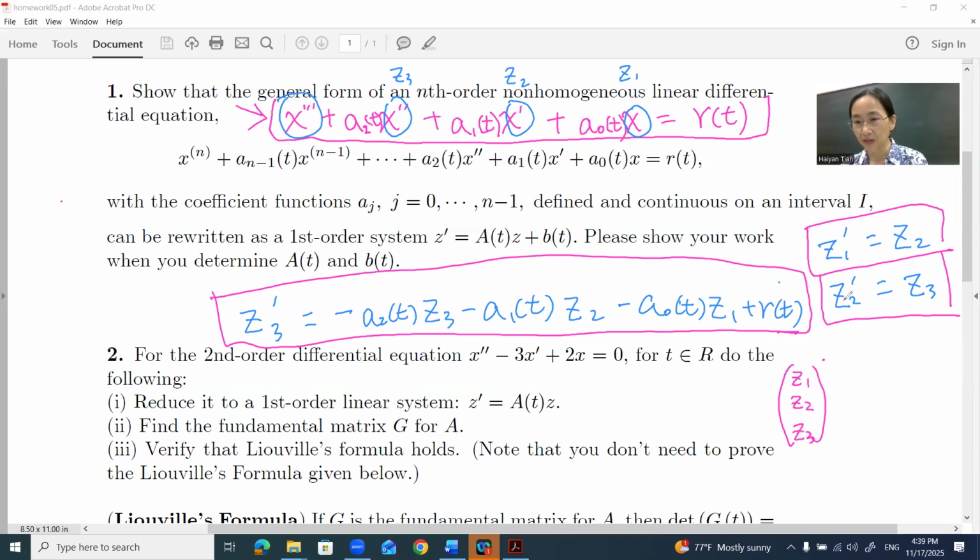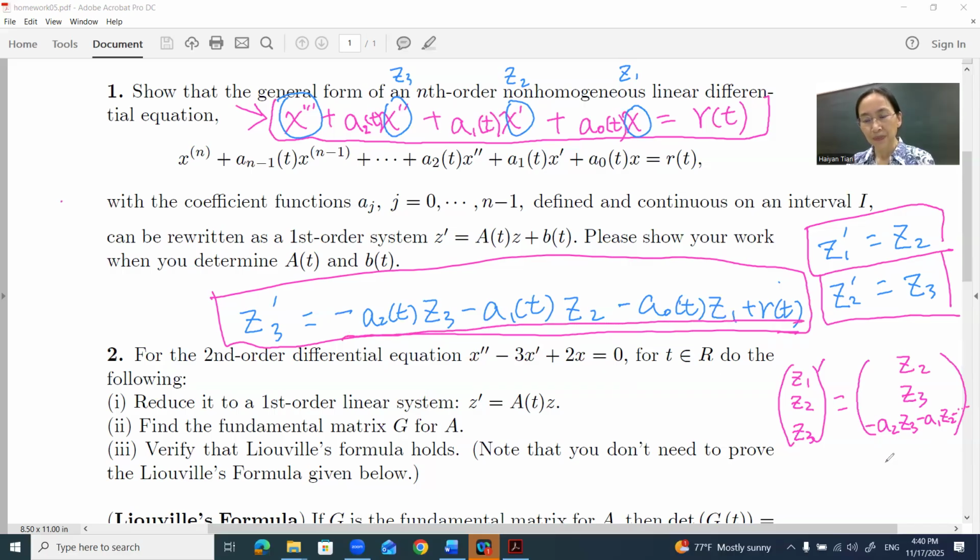These are functions of t, and the derivative of this vector is equal to the vector field, which is z2, z3, and the long one will be minus a2 z3 minus a1 z2 minus, yeah, so I'm trying to copy this portion, right?